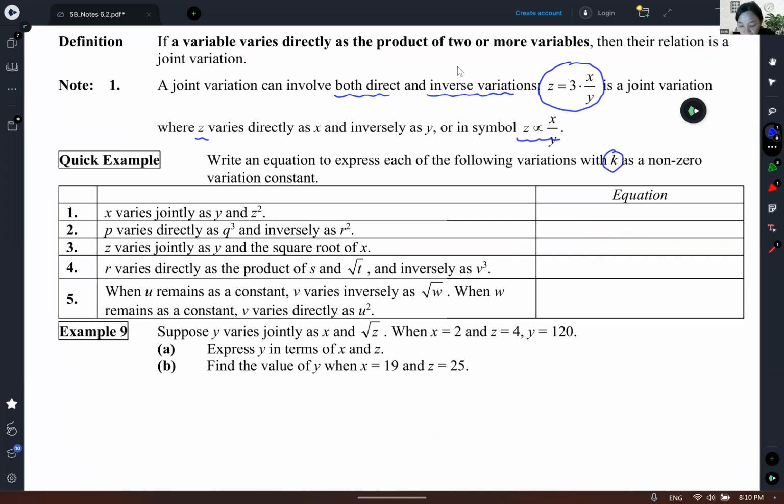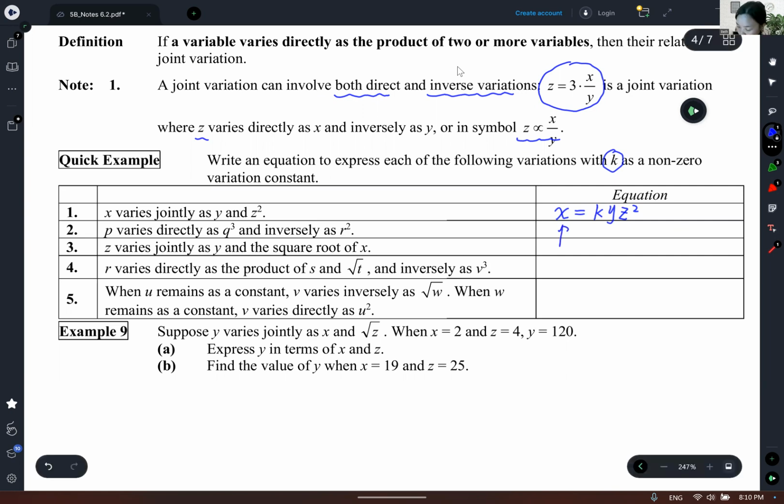Example 1: X varies jointly as Y and Z squared. In that case, X is on the left, and on the right you have Y and Z squared jointly as a product, and then you have the variation constant K. Example 2: P varies directly as Q cubed and inversely as R squared.